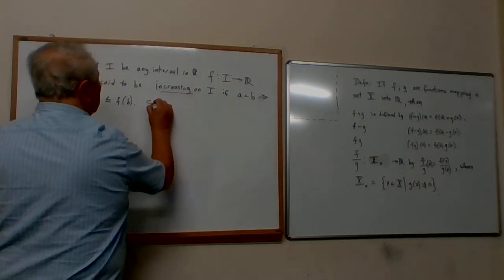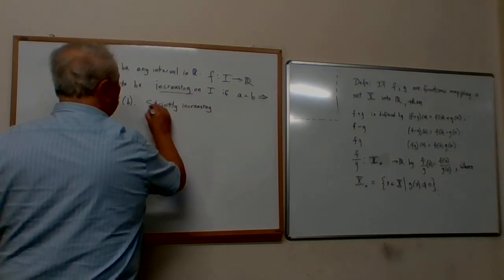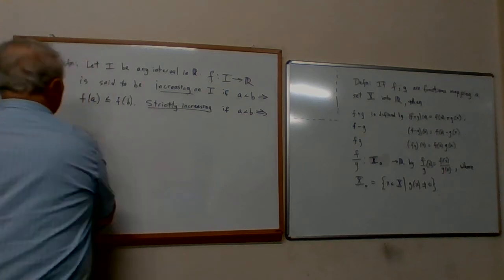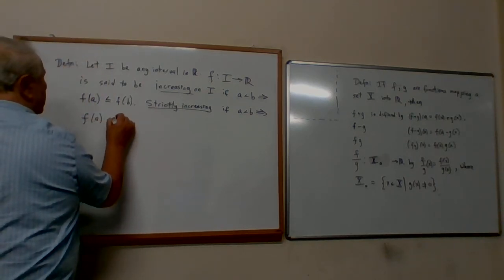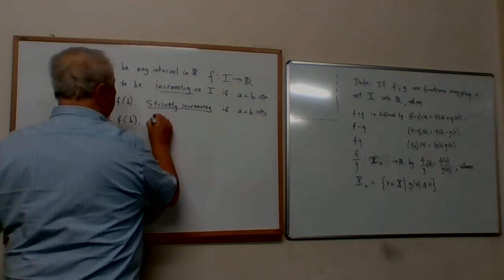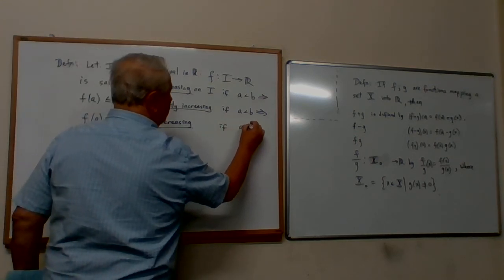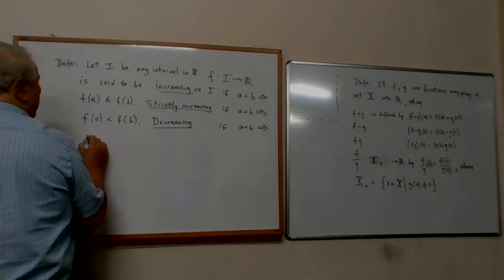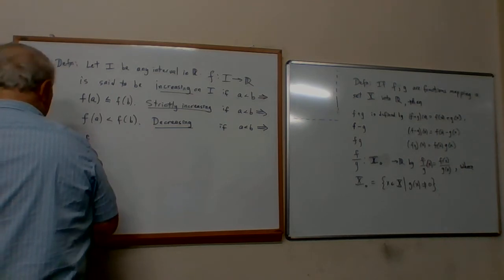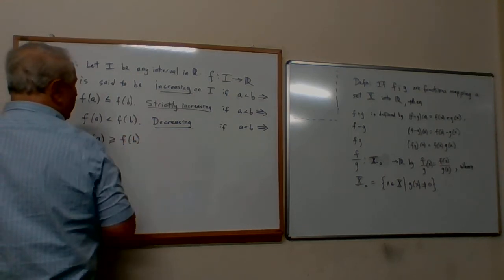It's called strictly increasing if A less than B implies that f of A is strictly less than f of B. It's called decreasing if A less than B implies that f of A is greater than or equal to f of B. It doesn't matter which way I put it.